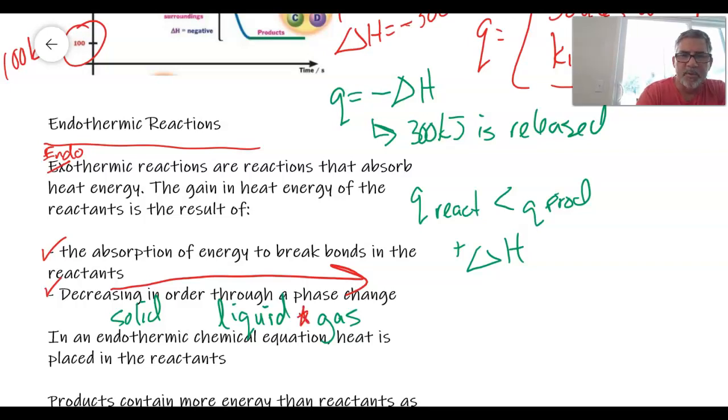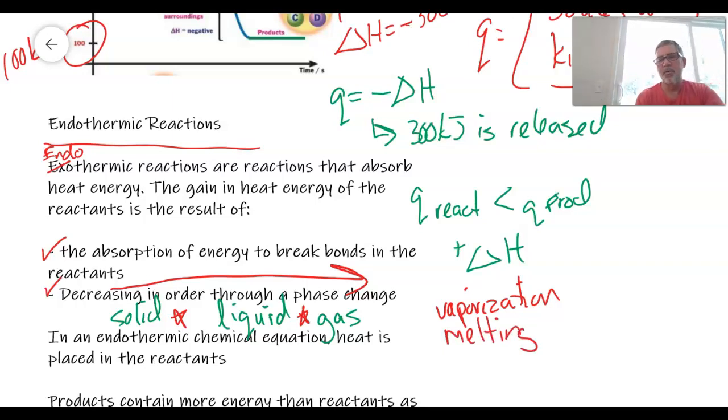So from a liquid to a gas would be vaporization. And from a solid to a liquid would be melting. So both of those phase changes would be endothermic because I have to absorb energy to get there.